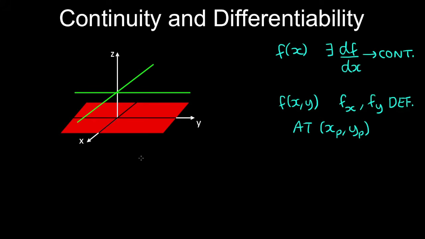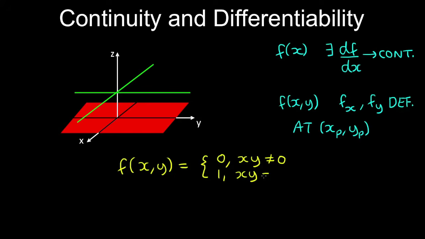And a good example is the function of two variables being piecewise defined. So it's 0 when the product of x and y is not equal to 0, and 1 when x multiplied by y is equal to 0.